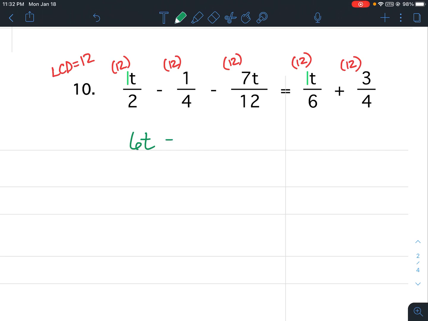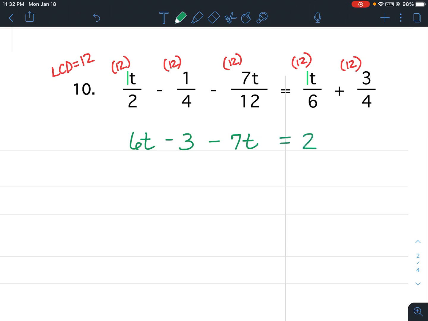Keep that sign the same. These signs here, they won't change. 12 times 7/12. Well, 12 goes into 12 once, and 1 times 7 is 7. So this would be negative 7t. 1/6 times 12. 6 into 12 is 2. 2 times 1 is 2.